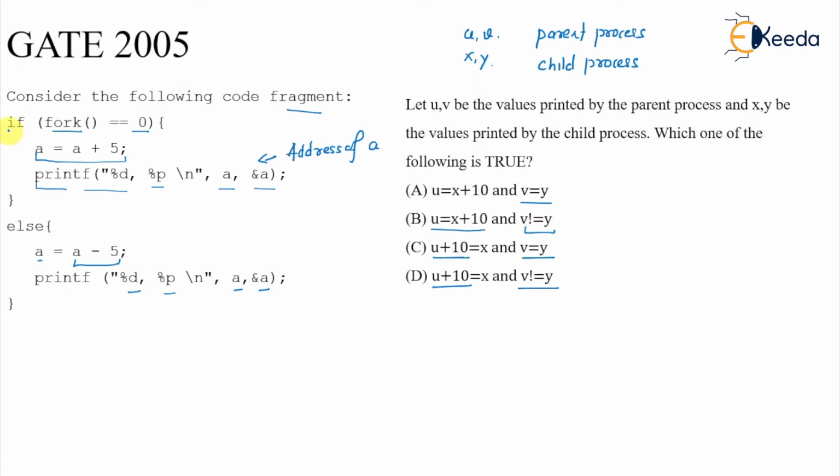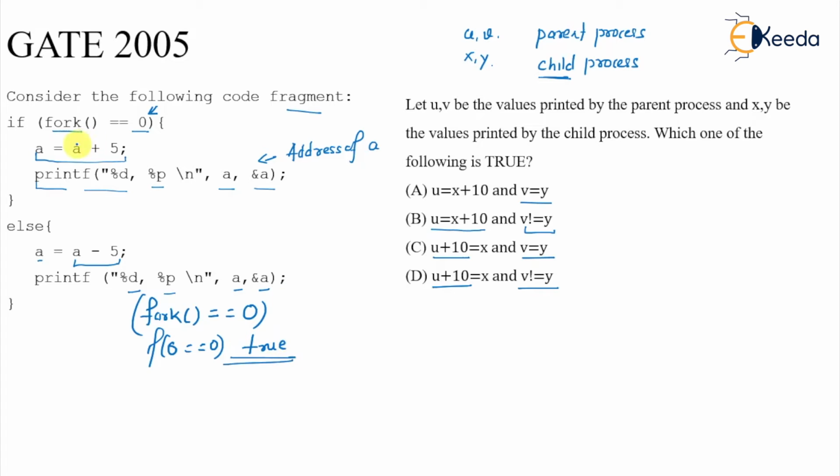Now let's try to solve this problem, and let's concentrate on the fork part, which will return here only. We know that for the child process this fork statement returns 0. It will check if 0 is exactly equal to 0, which is true.